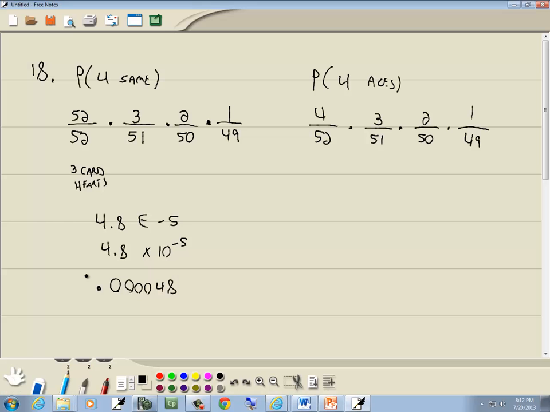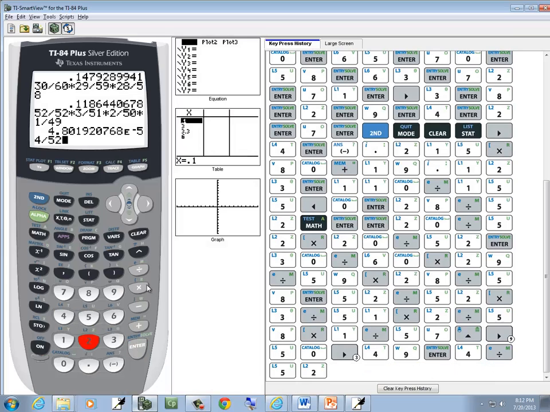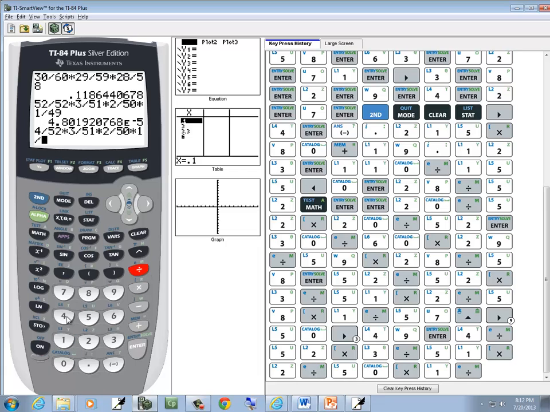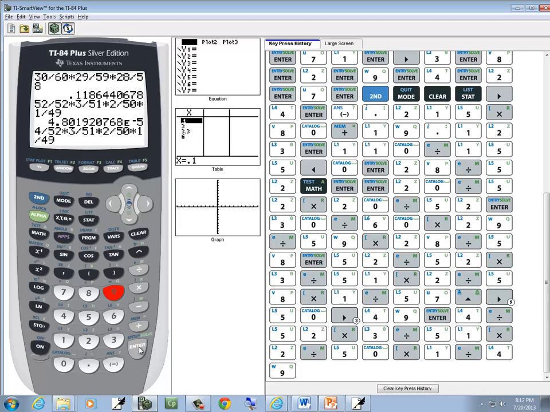So I got 4 over 52 times 3 over 51 times 2 over 50 times 1 over 49. And then press enter.